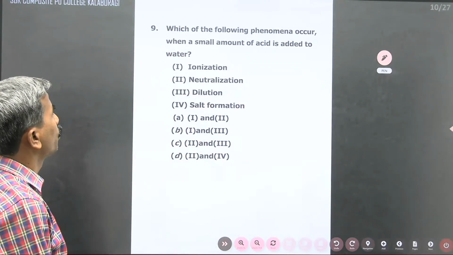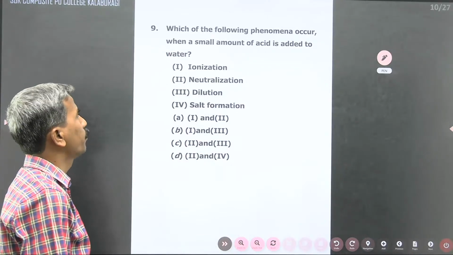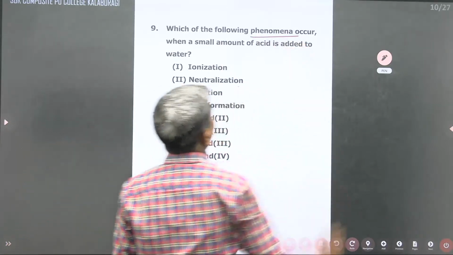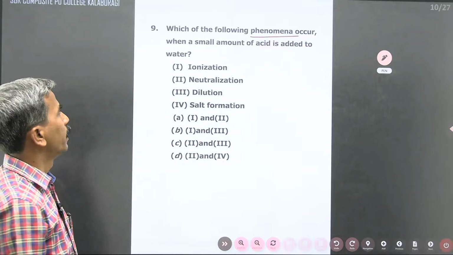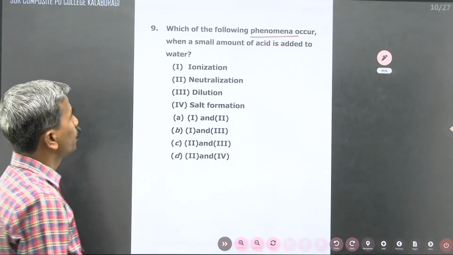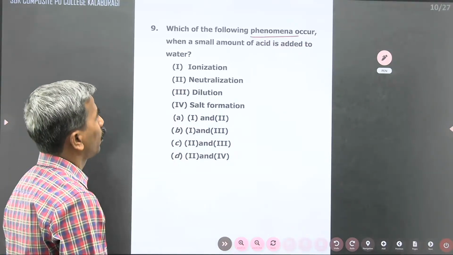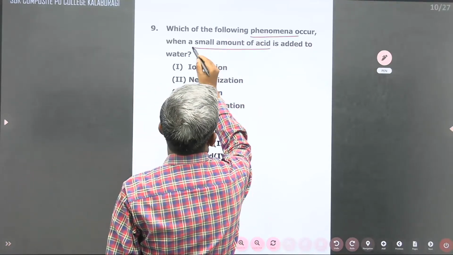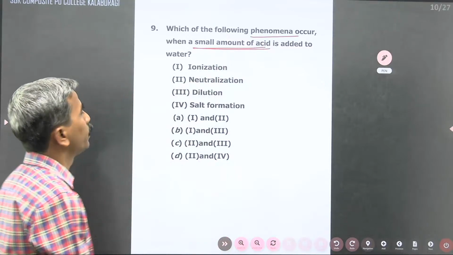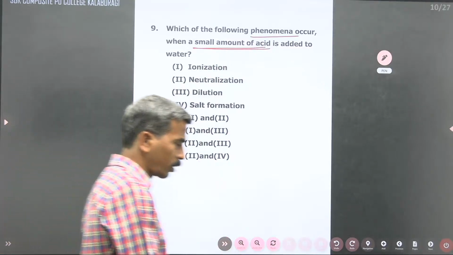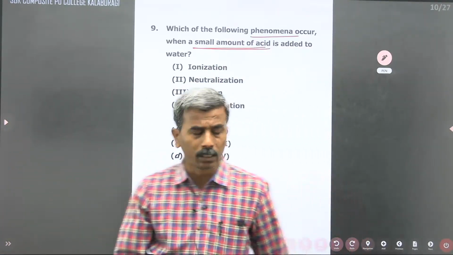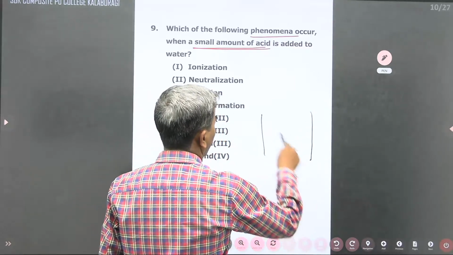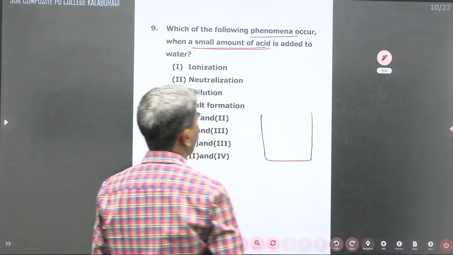The statement of the question is, which of the following phenomena occurs when a small quantity of acid is added to water. Suppose I take an example with a rough diagram.